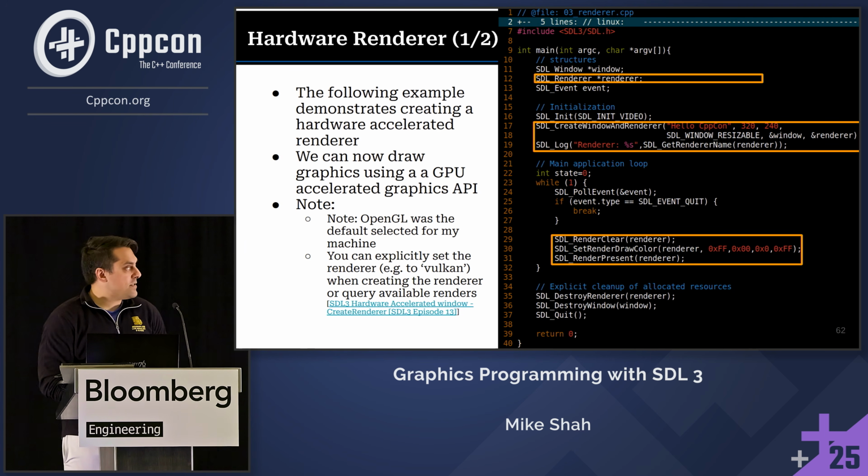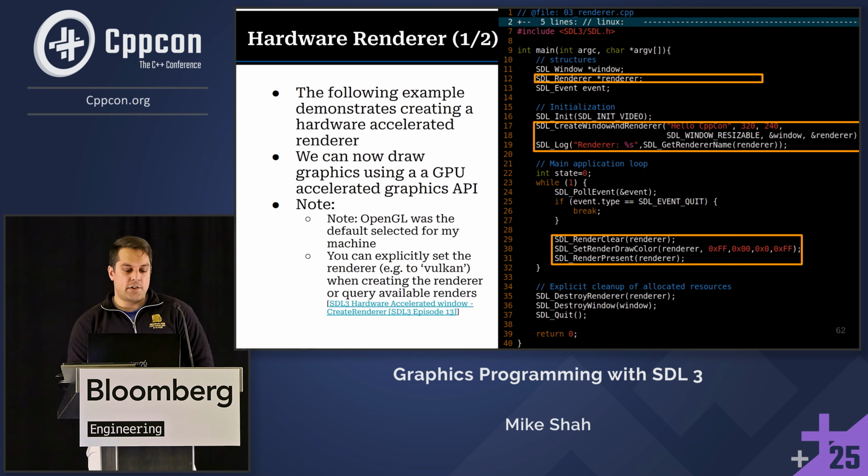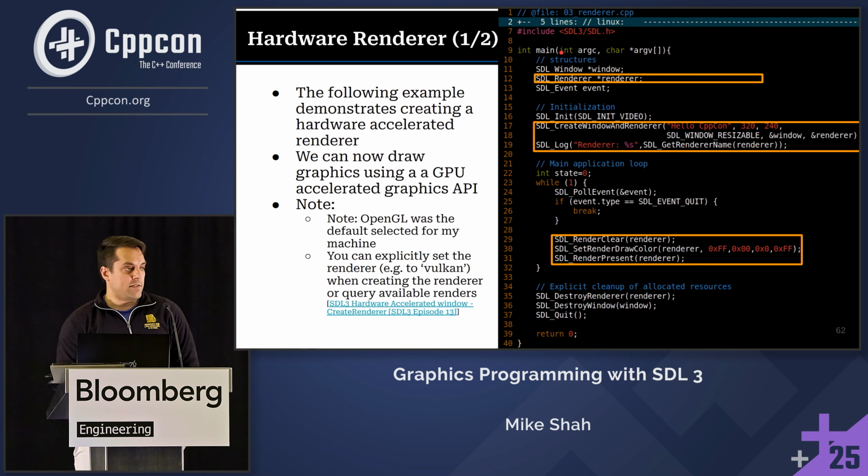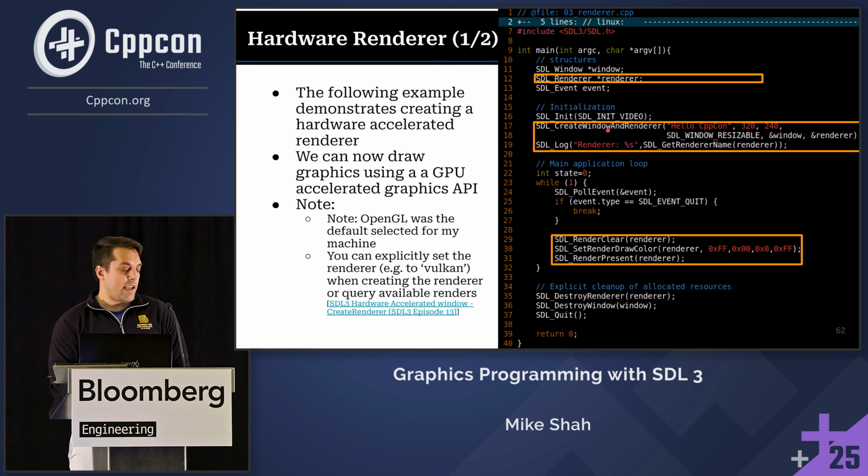Okay, so how do we actually use this? Looking at a little bit of code here, just highlighting a few of the key parts. Again, we would create a renderer or have a pointer to one. And then at line 17, we'll create a window and a renderer here. We'll populate, as output parameters, the renderer and the window object that we create.